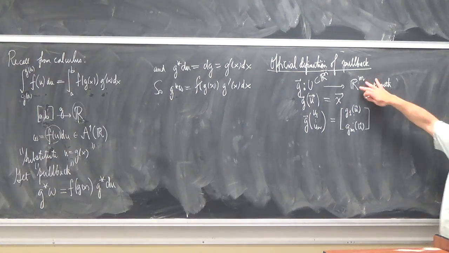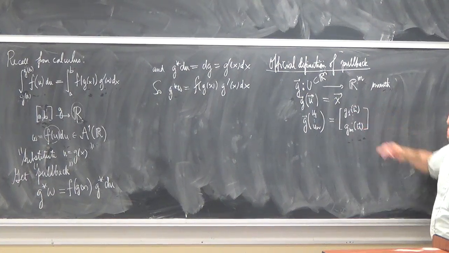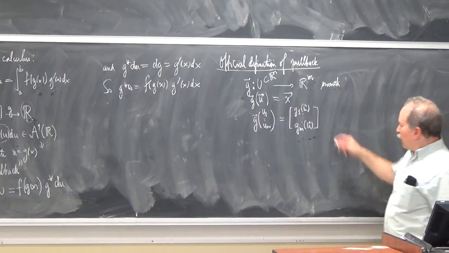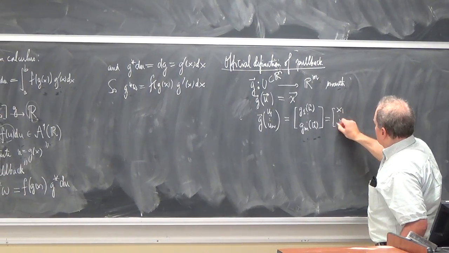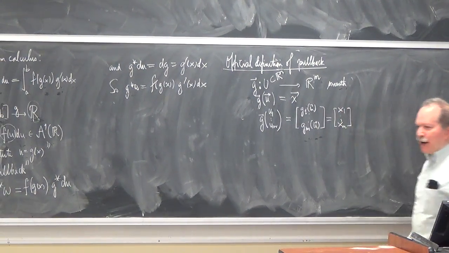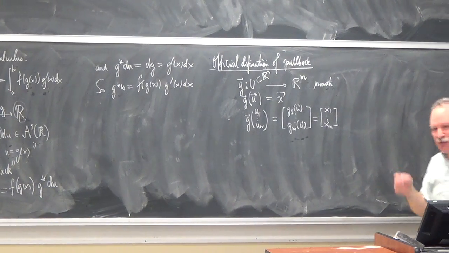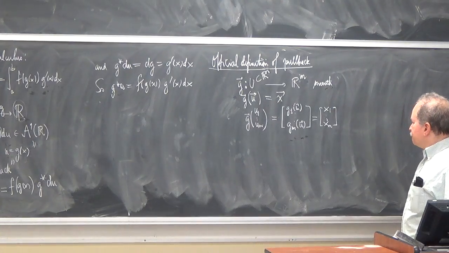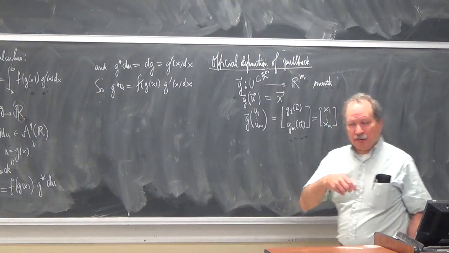We're mapping to Rm, so it's a vector valued function with m components, each of which is a function of u. So you're giving x1 to xm as functions g1 to gm of your variable u. I'm going to write down the definition officially, and then we'll do a bunch more examples.